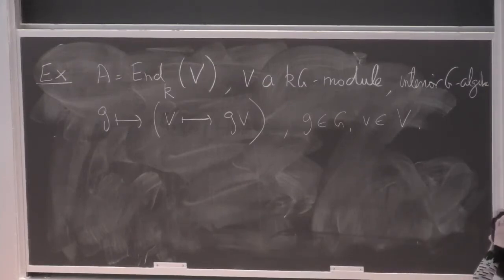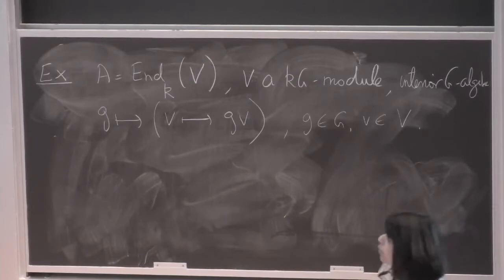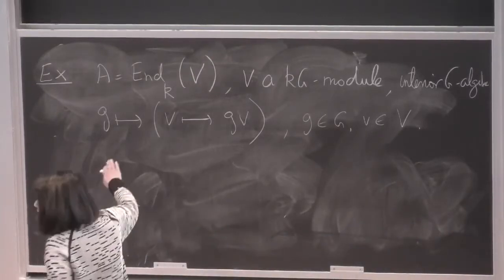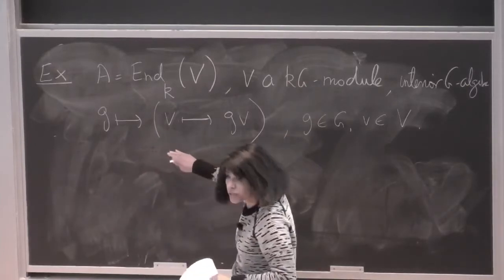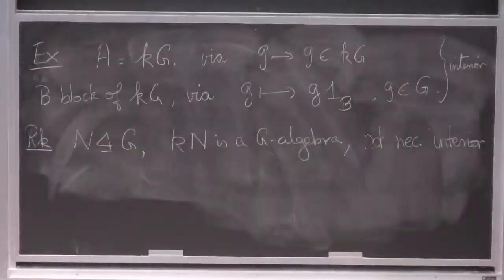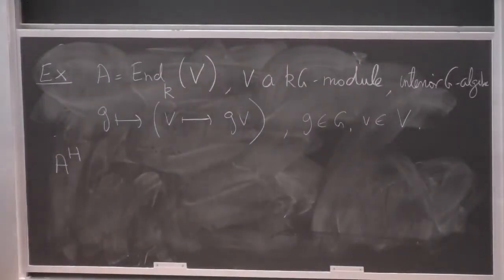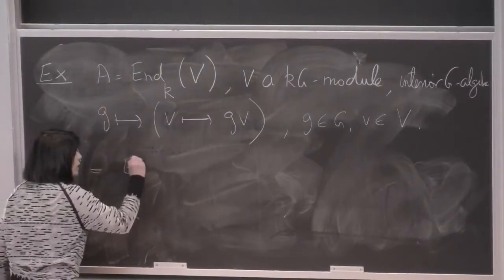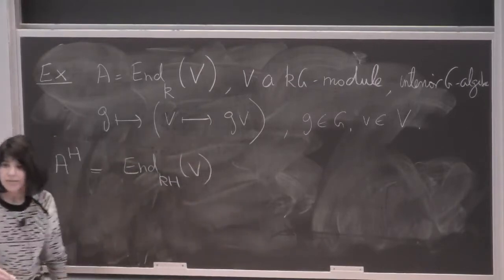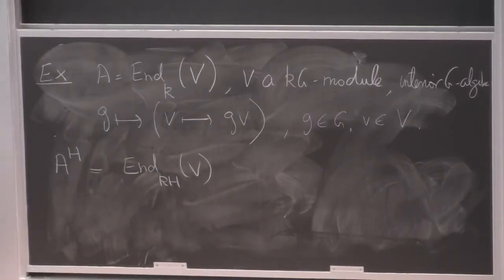Okay, so what's this got to do with it? Why am I saying projective here? This is explained nicely if I use this example. So what does it mean in this particular case? Well, if A is End_K(V), what is A^H? It's what we would normally write as the KH-linear transformations of V, those that are invariant.